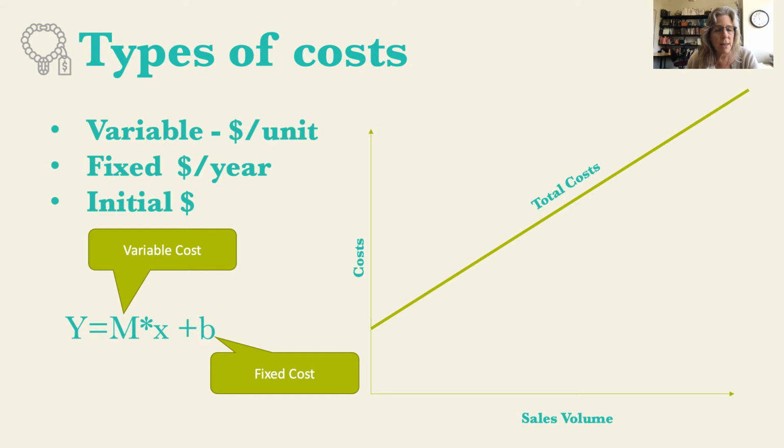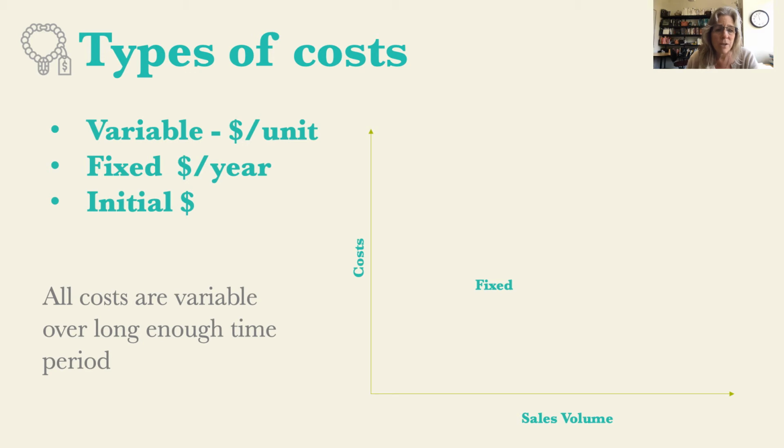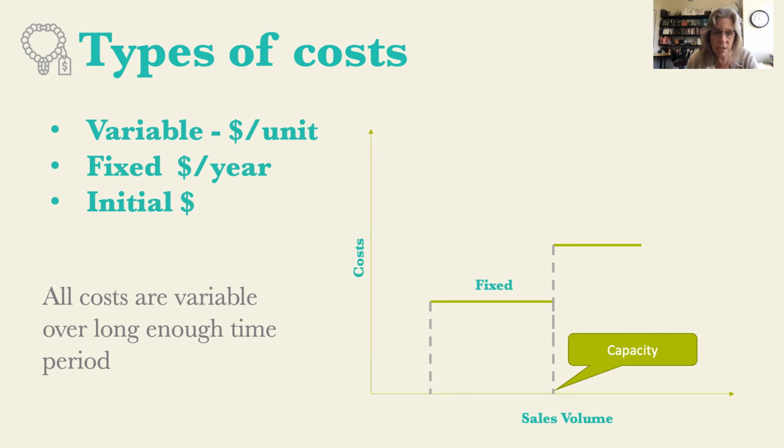Also, it's interesting that when we're talking about these variable and fixed costs, it's actually true that all costs are variable over a long enough time period or a long enough sales volume period. Let's look at this example of a fixed cost. We have this fixed cost up to a certain sales volume, and then we might hit capacity, and we might need to increase this cost. Maybe we need another facility, so we have to increase our rent.